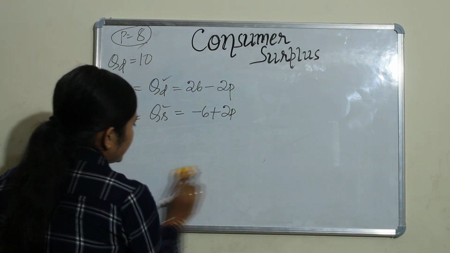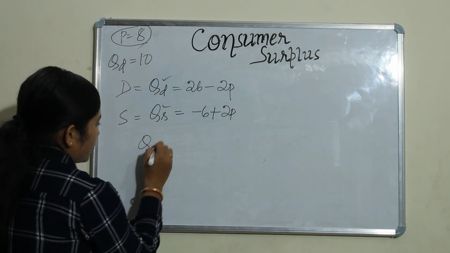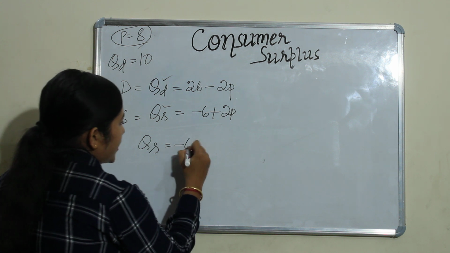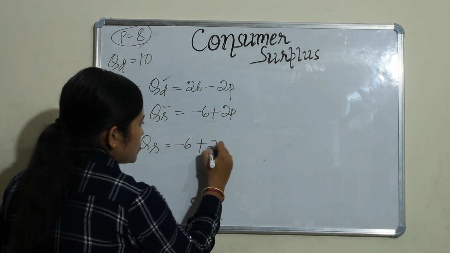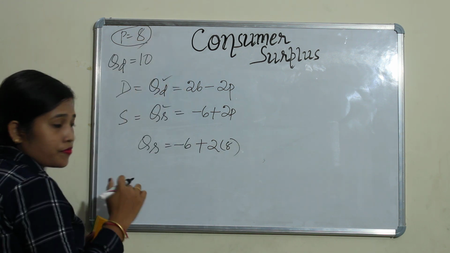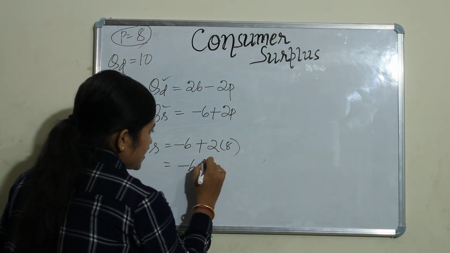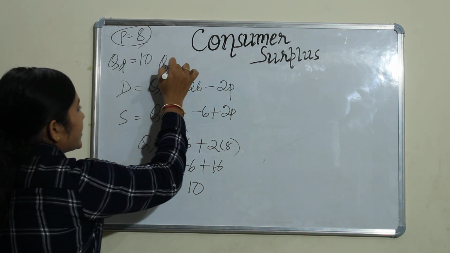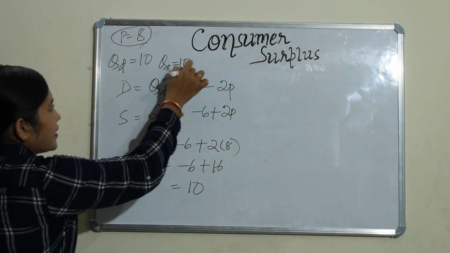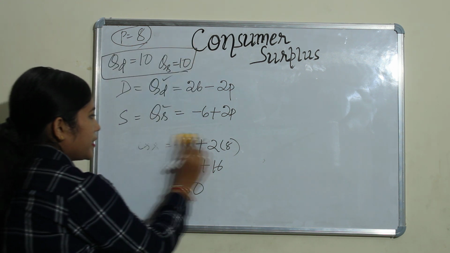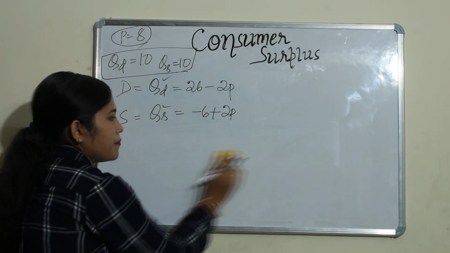Similarly, quantity supplied, the equilibrium quantity of supply, is minus 6 plus 2p. In place of p we will put 8. Minus 6 plus 16, that is also 10. So the equilibrium quantity of supply is also 10. We have found the equilibrium quantity and equilibrium price.